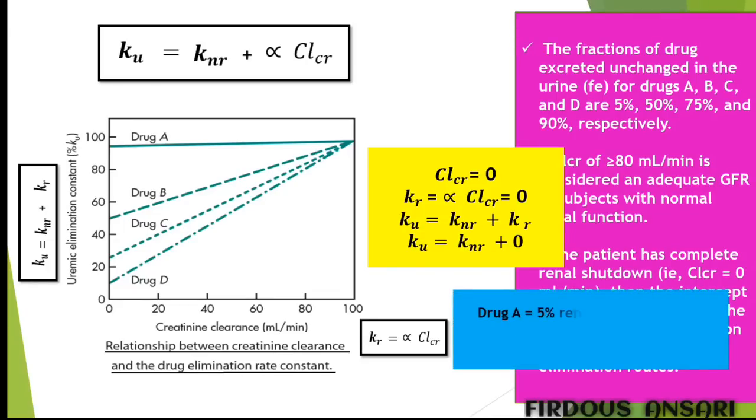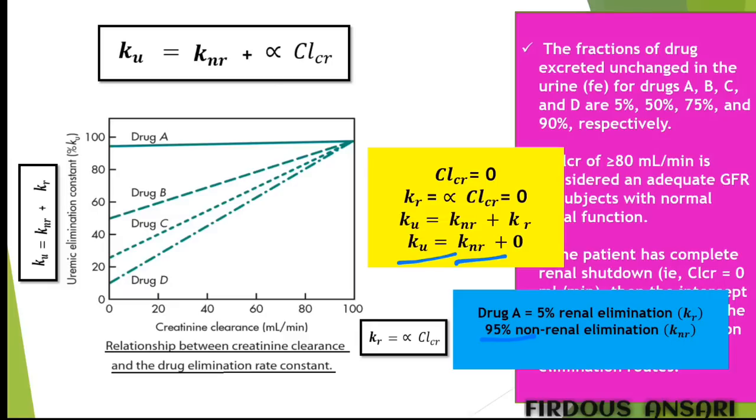Next, as you can see over here, drug A is 5% renal elimination. So 5% of drug A is eliminated via renal route. That implies that 95% of drug A is eliminated via the non-renal route, and you can see over here KNR equals Ku.